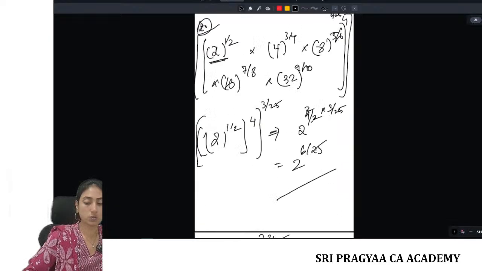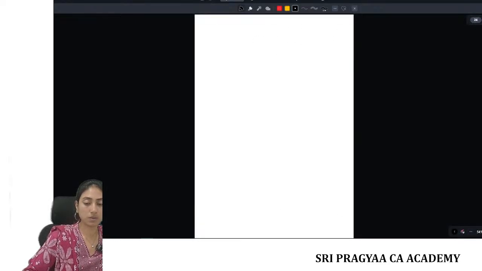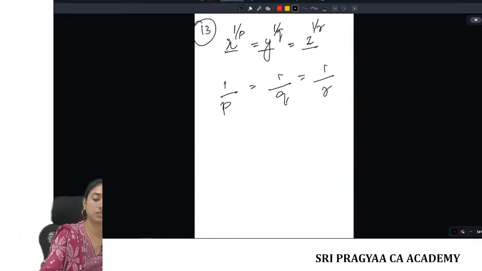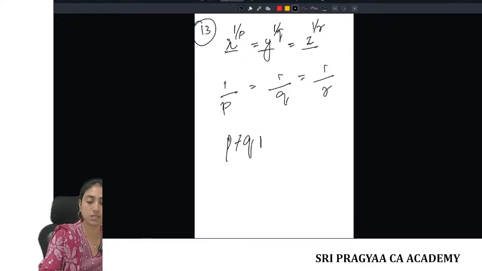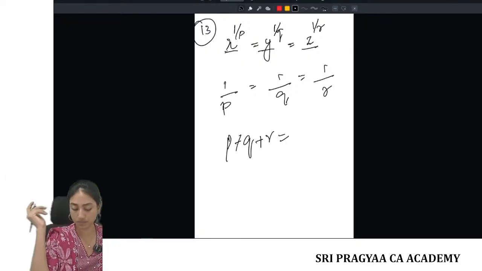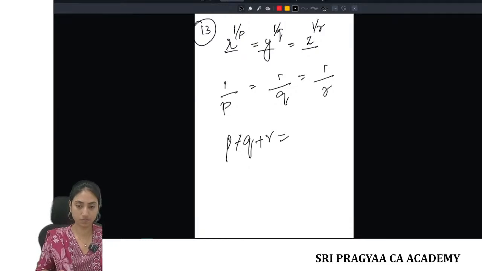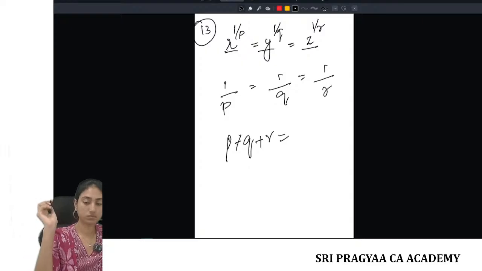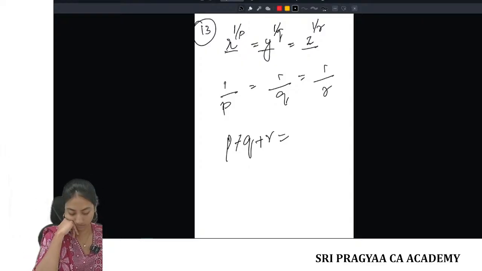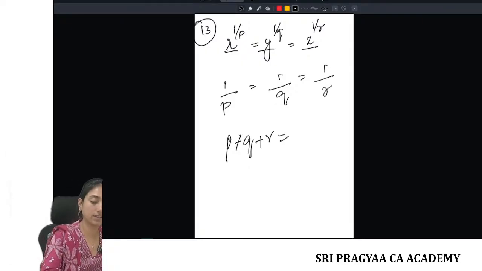So now coming back to where I say 1 by P is equal to 1 by Q is equal to 1 by R, then P plus Q plus R will be, since their inverses are equal, when I add those, it will be 0.